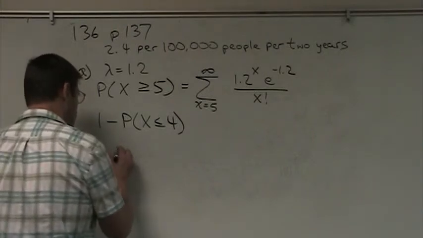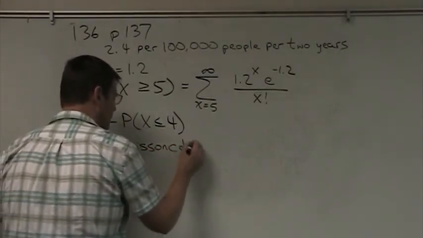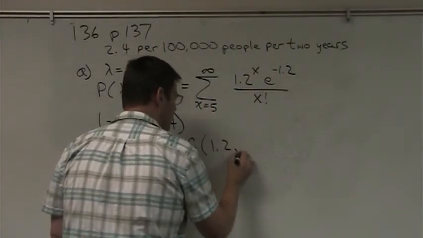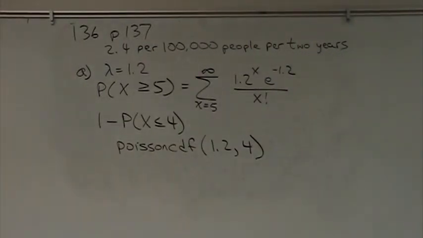So we're going to use the Poisson CDF function. Lambda is 1.2. X is 4.